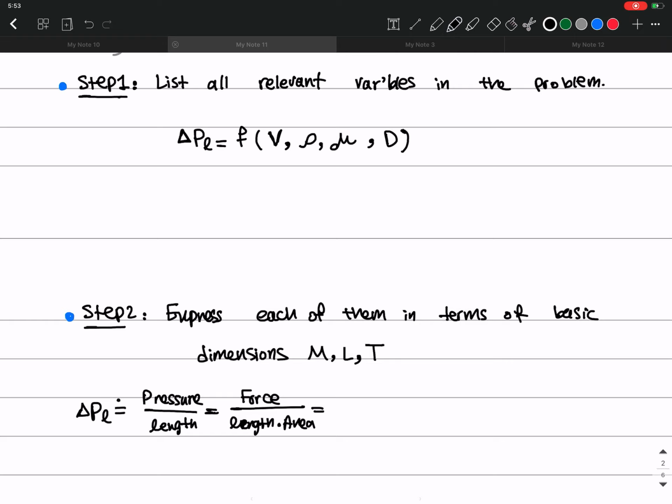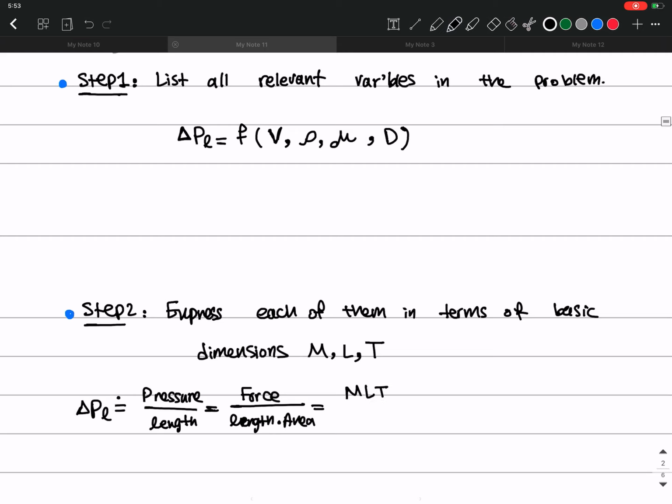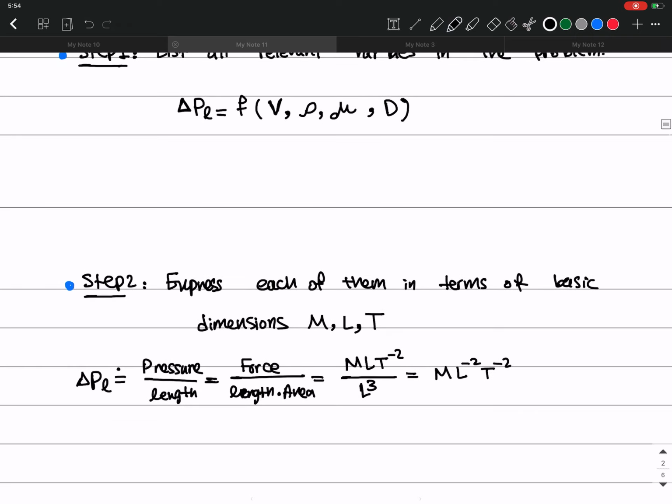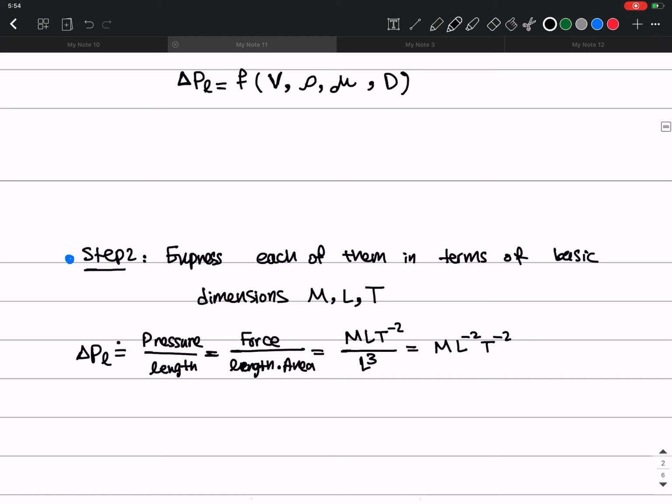Force is going to be M L T minus 2 in terms of basic dimensions, and area is L squared and length is L, so it's going to be L cubed. And so this is going to give me M L minus 2 T minus 2 as the basic dimension of delta P over L. The basic dimension of, let's see, V is L T minus 1, right? It's length per time.